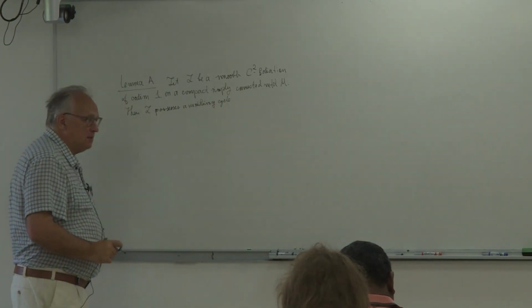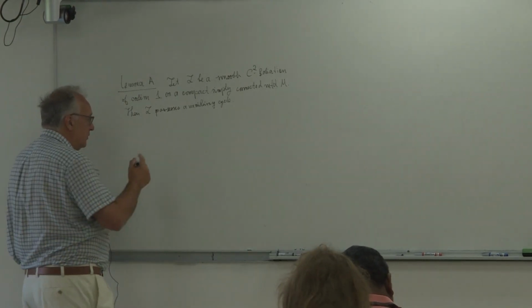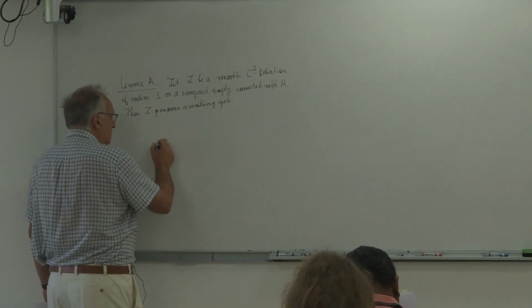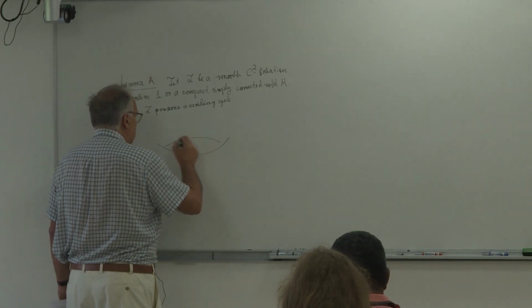Cool. What is that? Let me remind you. Vanishing cycle. It is the following thing. You remember this foliation on the torus.